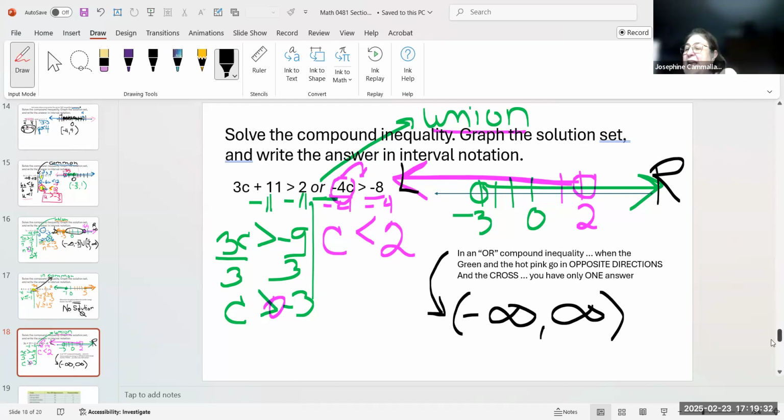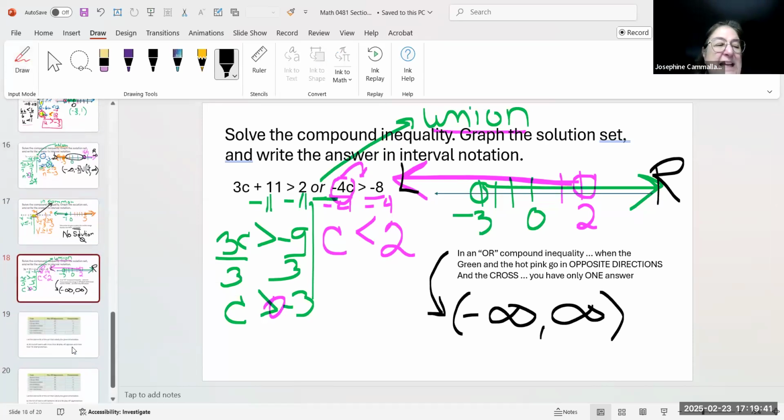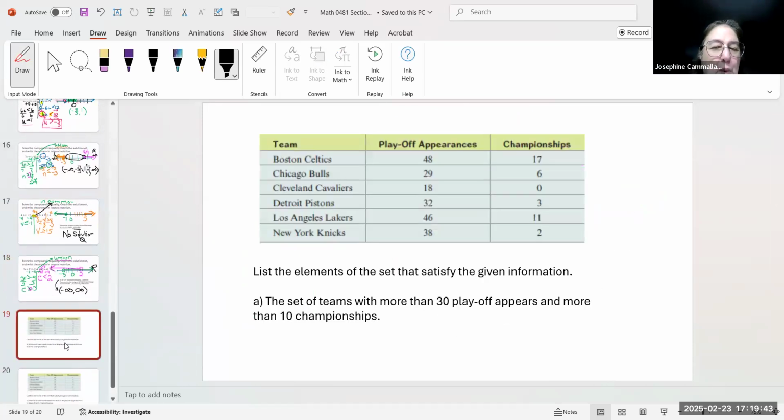Okay. And last but not least is my story problem. When you do a story problem like this, what you want is to try and use a highlighter, or you need to basically understand what it's saying.